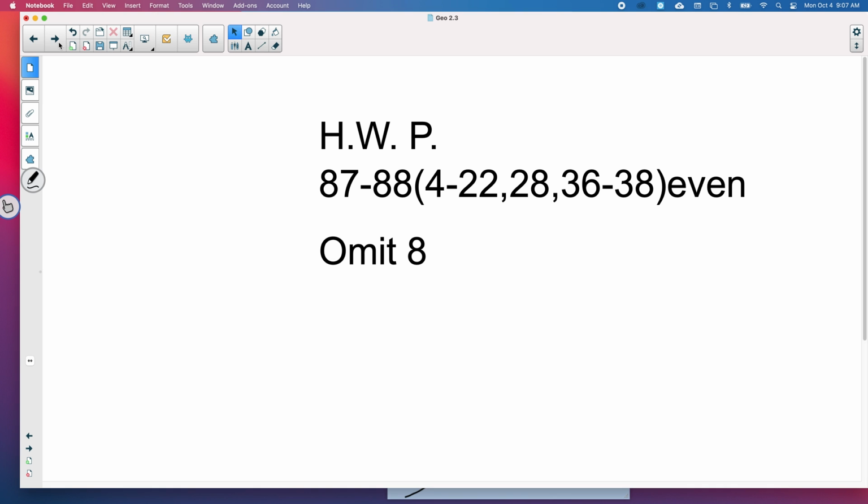So 4 through 22, you don't do 24 or 26. All right, so I think I have the two sketches marked out, so 10 and 12.